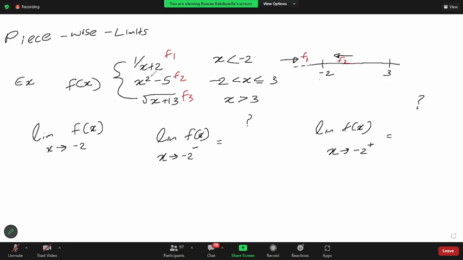I put the notation f1 and f2 for these functions. So instead of f(x), I can write f1, that is 1 over x plus 2, and on this side, instead of f(x), f2, that means x squared minus 5. Okay.